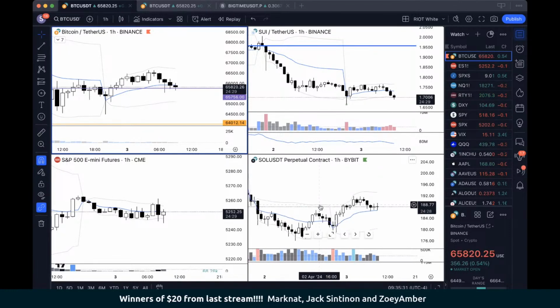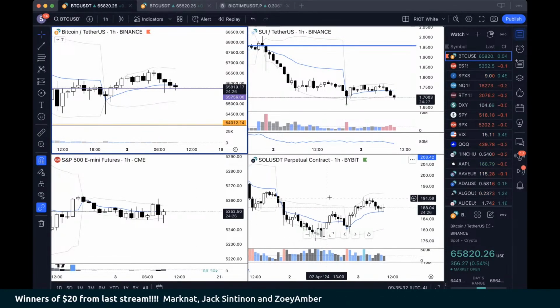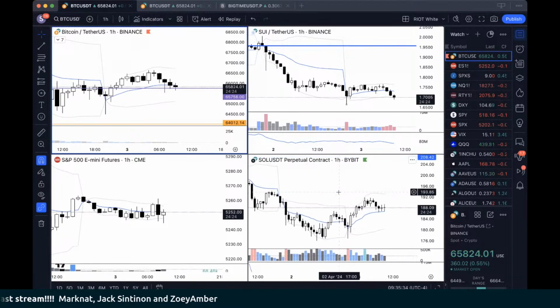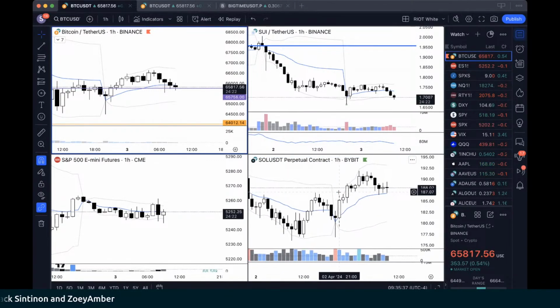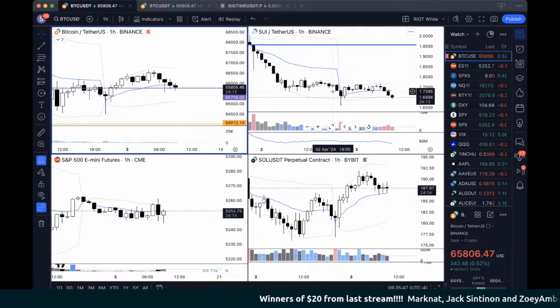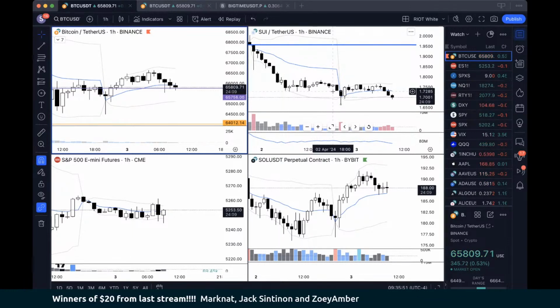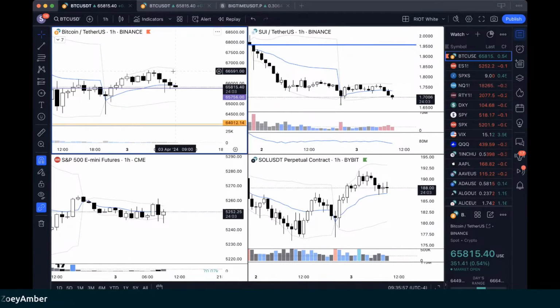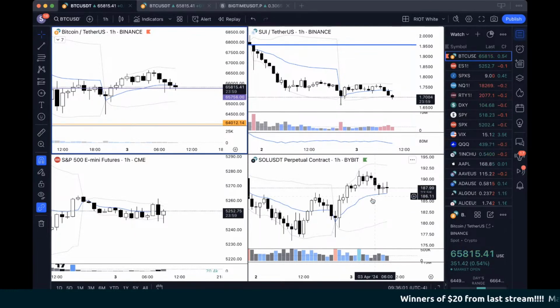Now, Sol's just doing really, really well. It's bouncing compared to something like Sui, which was really strong. You can see the difference in these two charts. You really want to look for relative strength in these situations. You want to have Bitcoin pulling back, and you want to see what's holding up well.